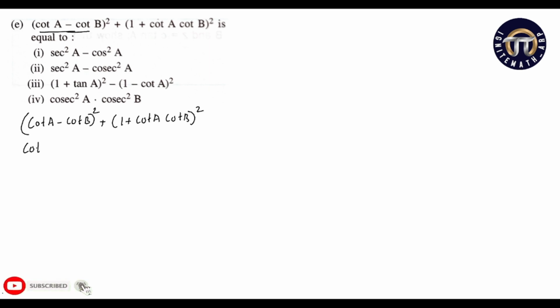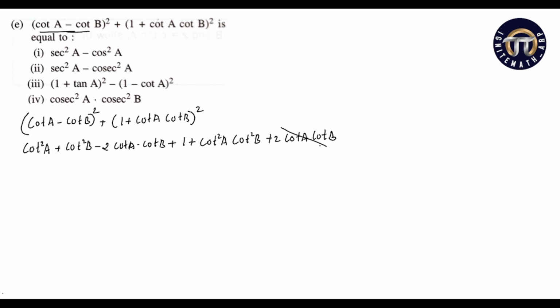So I'll get cot square A plus cot square B minus 2 cot A cot B, plus, again I'll expand this using the (A plus B) the whole square formula, that is 1 square is 1 itself, plus cot square A into cot square B plus 2 into 1 into cot A cot B. So 2 cot A cot B and 2 cot A cot B will get cancelled because they have opposite signs. So I'll be left with what, children?